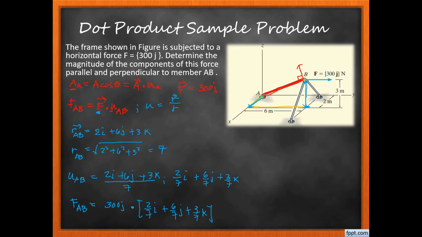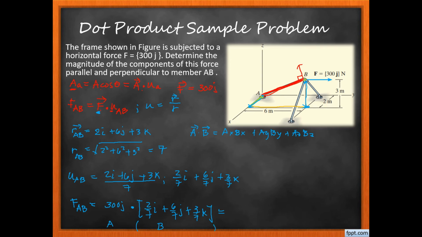And we know that the dot product of that is, meron tayong AX, di ba? So yung halimbawa meron tayong vector A and vector B, and dot product natin is AX BX plus AY BY plus AZ BZ. So in our case, yung vector A natin, ito yung vector B natin.